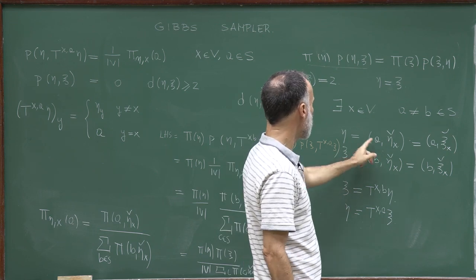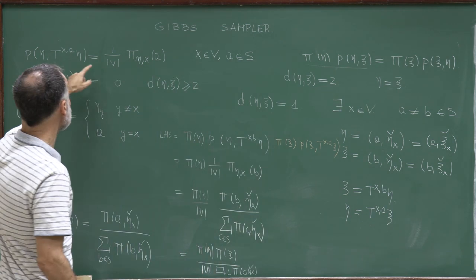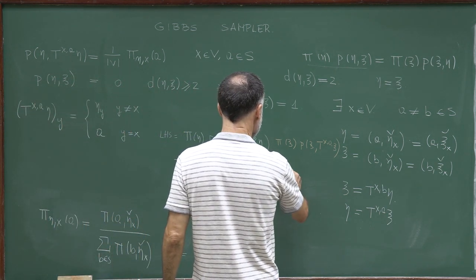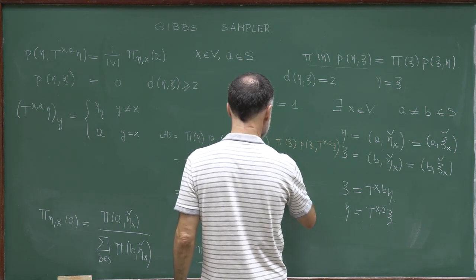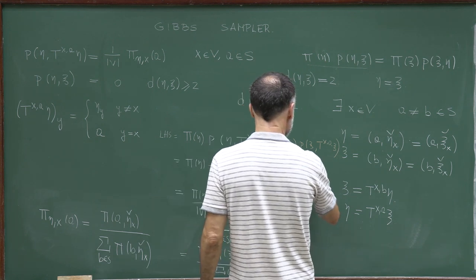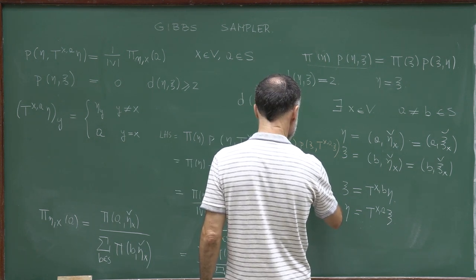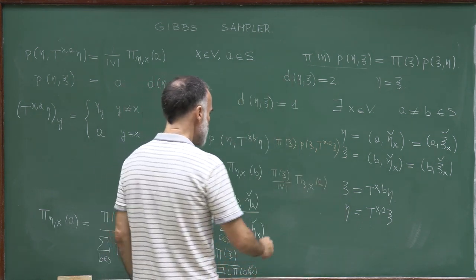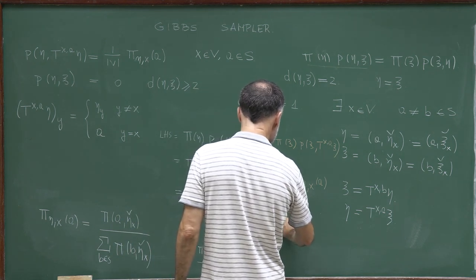So this is eta. Now, by this definition, this is equal to psi pi psi, then 1 over v, then pi psi x a. And this is pi psi divided by v.